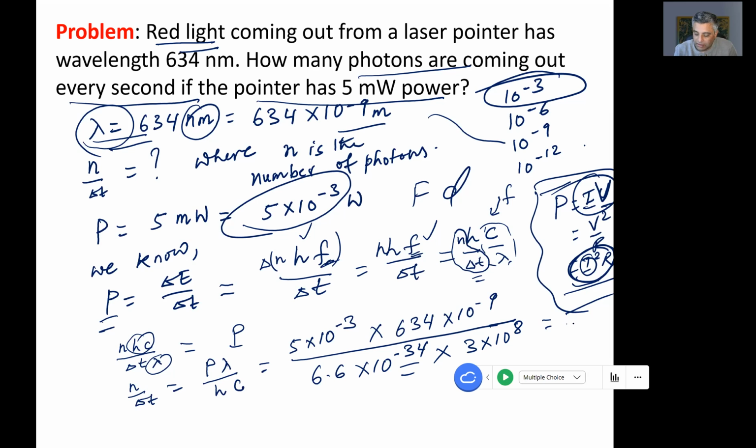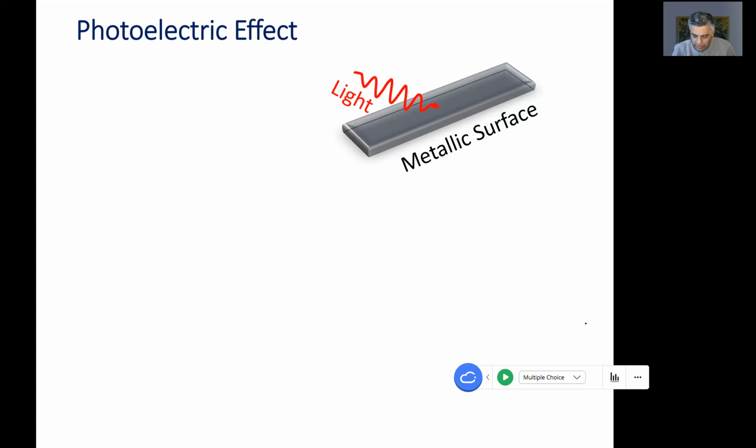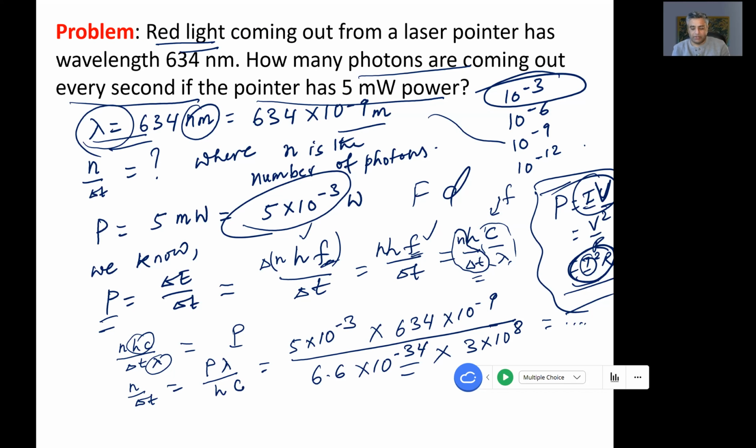We get a large number here as the answer. Do I have the answer for this? No. So I think you get this really large number. Of course I don't remember, but 9 and 3 becomes negative 12 here. So positive 8 and 34 is 26. So yeah, in the order of 12 to 16, something like that, okay?